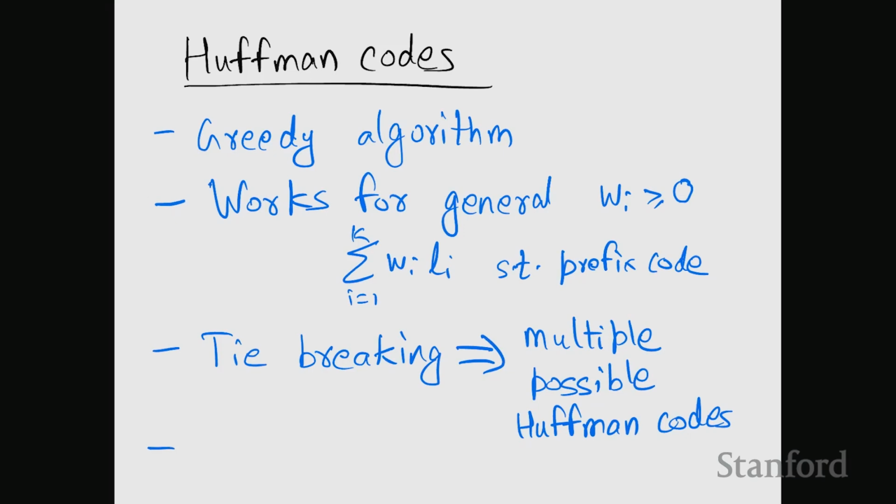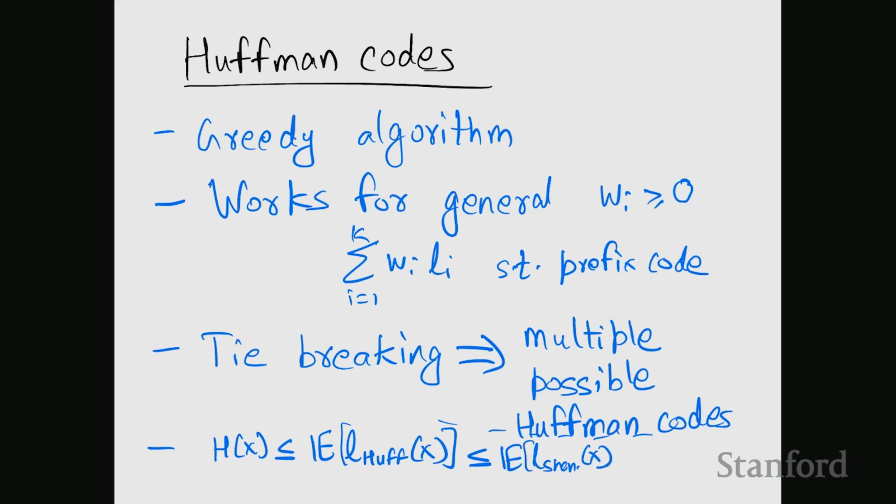Last thing is that for Shannon codes, we saw that the expected code length is between H(X) and H(X) plus 1. For Huffman codes, that's basically what we have. Maybe let me write it like this. We know that H(X) is greater than or equal to the expected length of Huffman codes, which is less than or equal to the expected length of Shannon codes, which is less than H(X) plus 1, right?